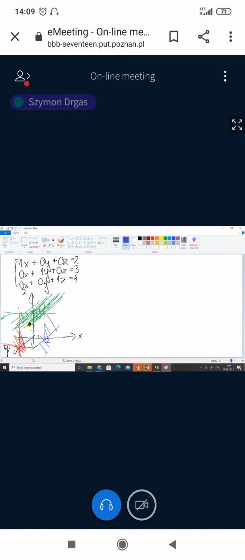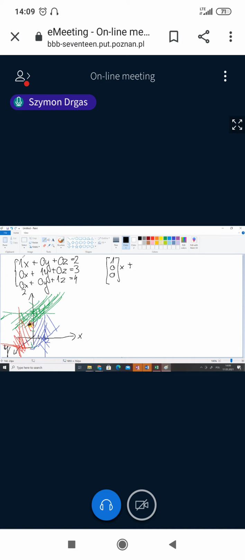Okay, so you can imagine these three planes, and they have this common point with coordinates 2, 3, 4. In the case of this column picture, we can write this kind of equation.